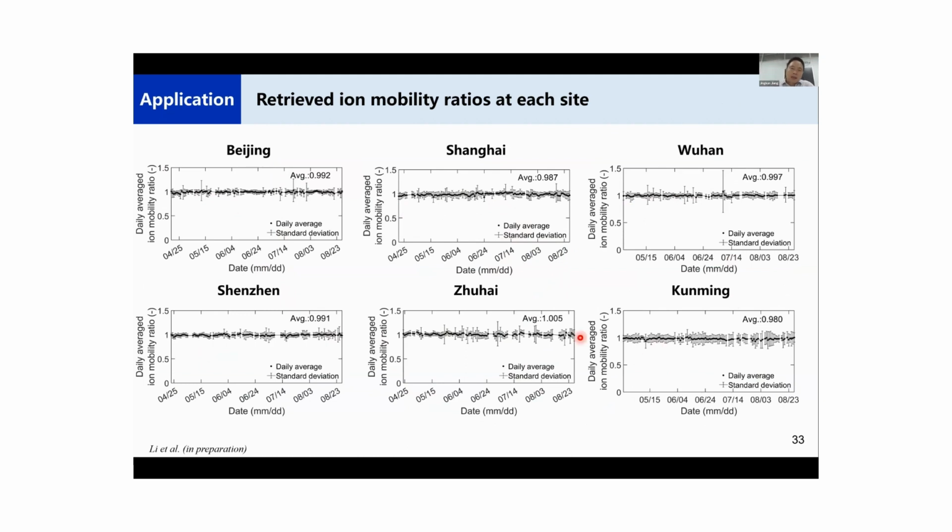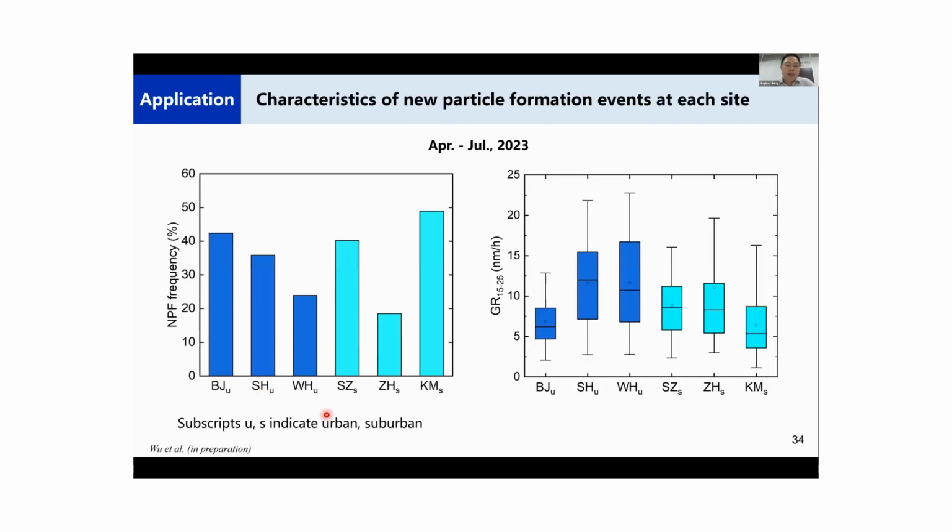We started this network of measurements from early April this year, and the measurement is still continuing. We can also take this data to calculate, for example, the new particle formation frequencies in different environments and the growth rate for a given size range. This is just an example, and it's not the key of this specific talk.